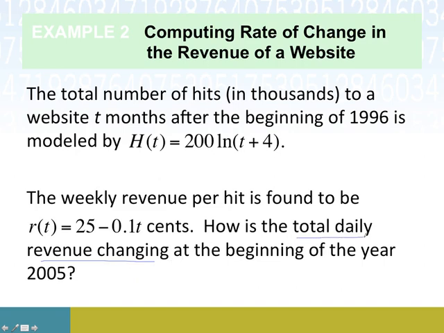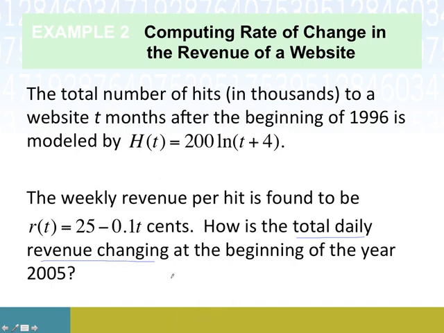Total daily revenue is not a function that we have at the moment, but we can build it out of the pieces we've been given. This is revenue per hit. This is the total number of hits. So I could think of revenue in this case, here is my quantity, the number of hits that come in, and here is my dollar value per quantity. This is the price in some sense. So this is asking the rate of change in that function.